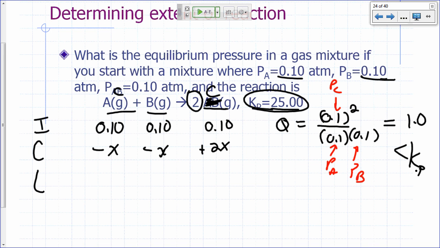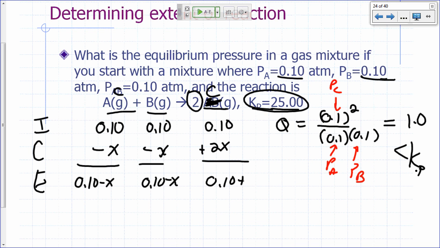So what would be our equilibrium values then? Partial pressure of A at equilibrium is going to be 0.10 minus X. What's the partial pressure of B at equilibrium? 0.10 minus X. And partial pressure of C at equilibrium is 0.10 plus 2X. So how do I solve for X? Well, I should know what Q at equilibrium is.